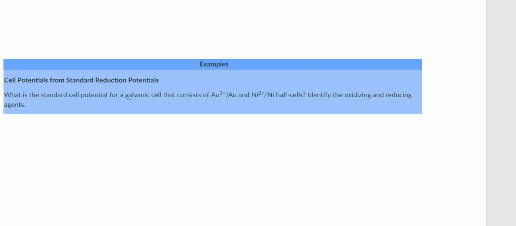And because it's galvanic, we know that the cathode will consist of the item that has the greater reduction potential. We can identify both the oxidizing and the reducing agents, and we can calculate the E cell.